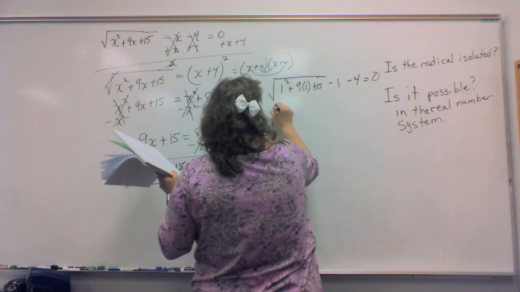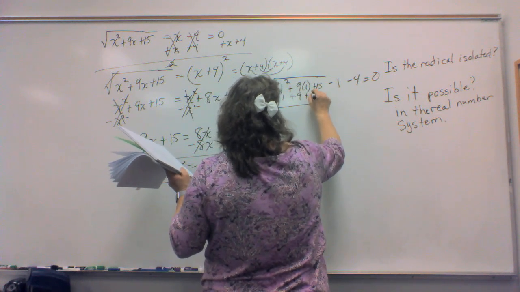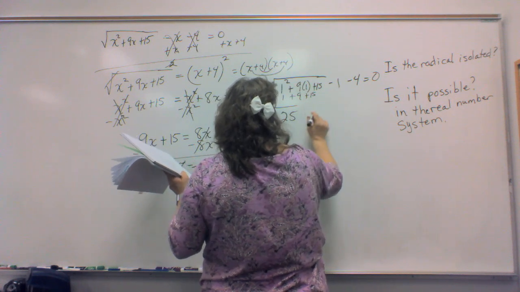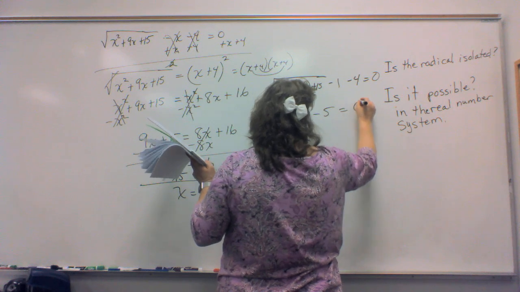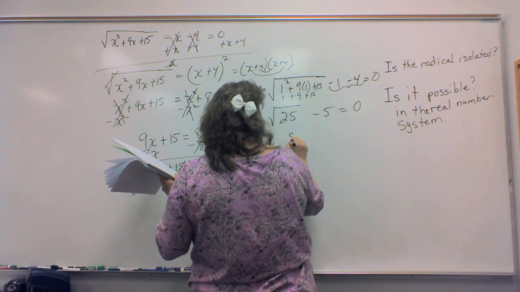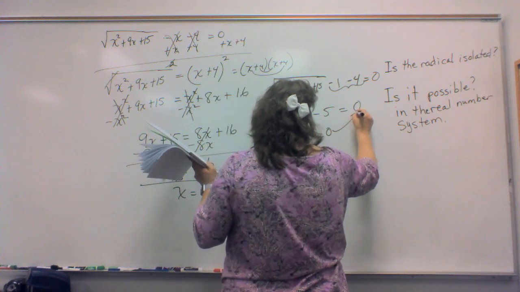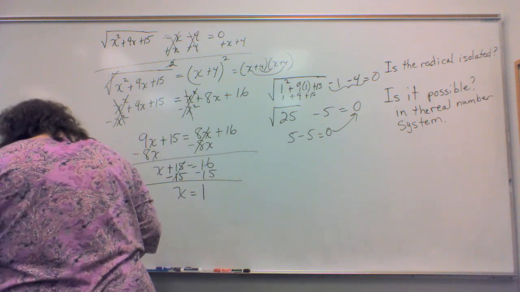So this is the square root of 1 plus 9 plus 15. 10 plus 15 is 25. Minus 5, does that equal 0? This is minus 5. Square root of 25 is 5. 5 minus 5 equals 0. So yes, it is valid because they are in agreement.